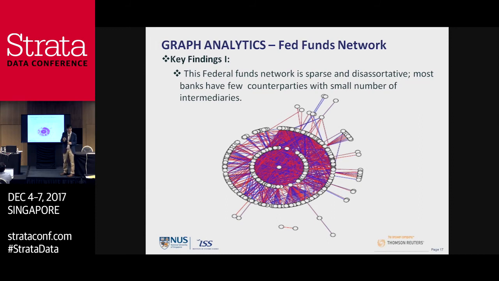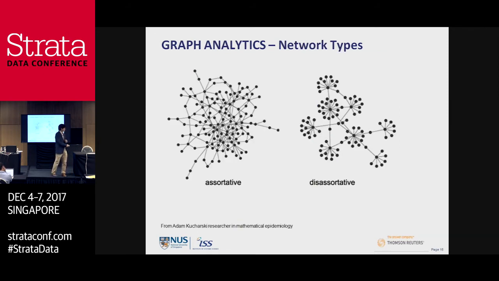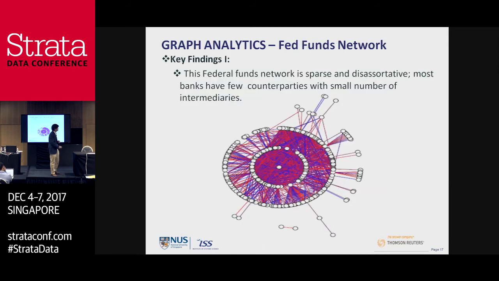And this is a too big to fail bank. See? And that's where all the bailout comes, because if this bank fails, a lot of intermediaries will fail, and it will just cascade throughout the whole financial sector, which is what happened in the financial crisis at the time. So a disassortative graph here. Okay.